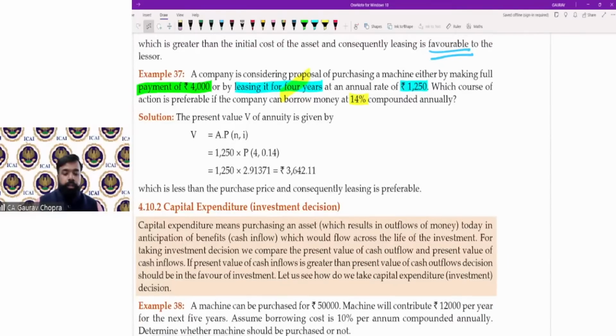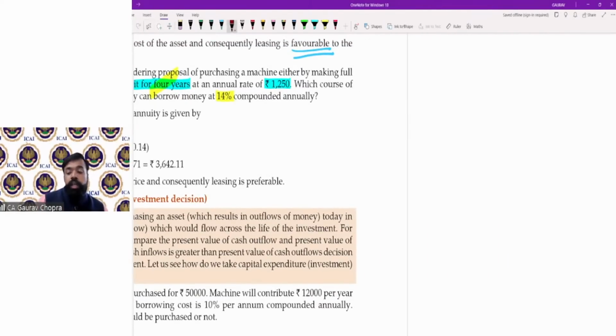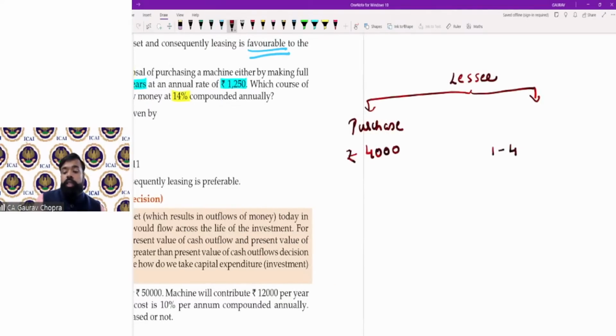So let's compare. First option, now you have to see according to lessee, because lessee is taking the asset on lease, वो रेंट पे ले रहा है। तो कौन सा ऑप्शन सस्ता है, here we have to see that if he purchases, today he has to pay 4,000, and if he leases, for every year from 1 to 4 years you have to pay rupees 1250.